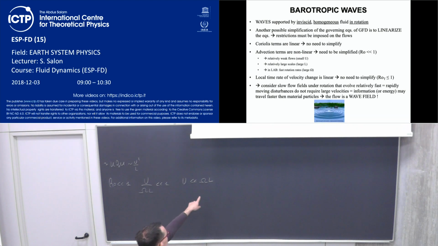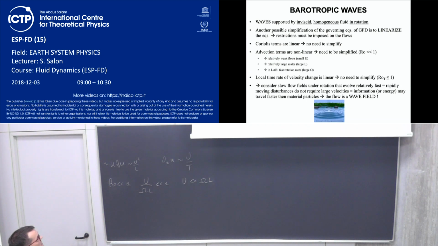But if we fix this, we can also consider very large scales. So we have relatively weak flows, relatively large scales, and then, if we are in a laboratory, we can increase this as much as we can, and keep this at the scale of the laboratory. The other term that we still want to keep is the local time derivative of velocity.